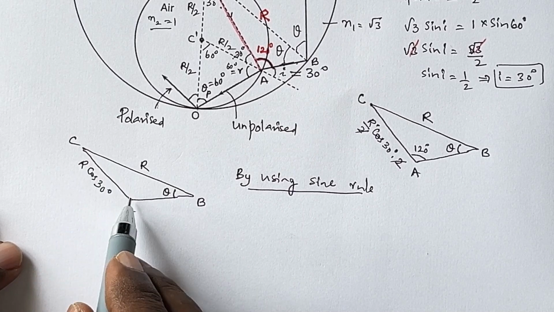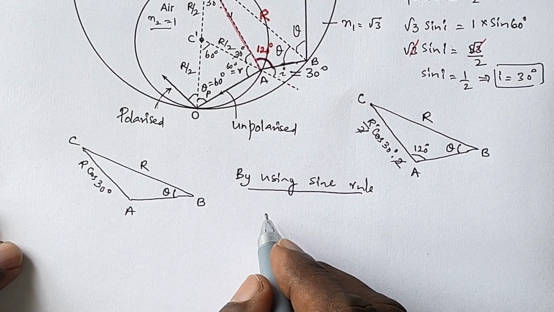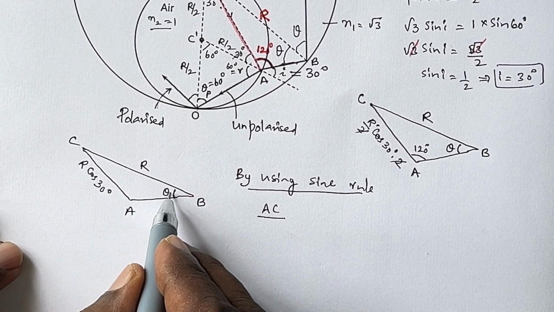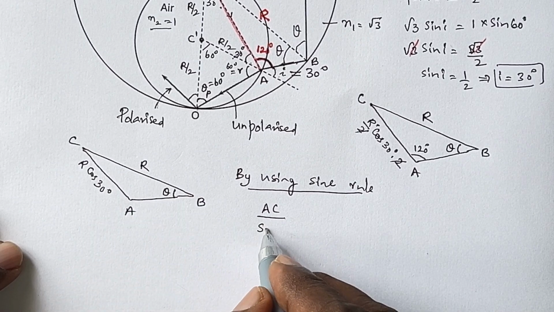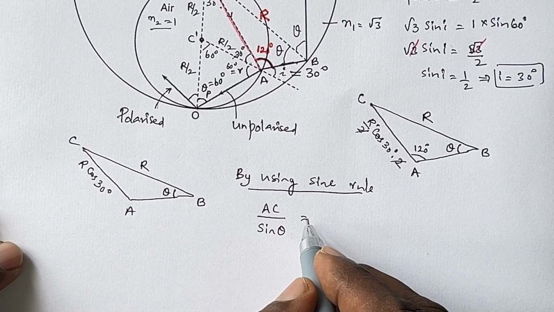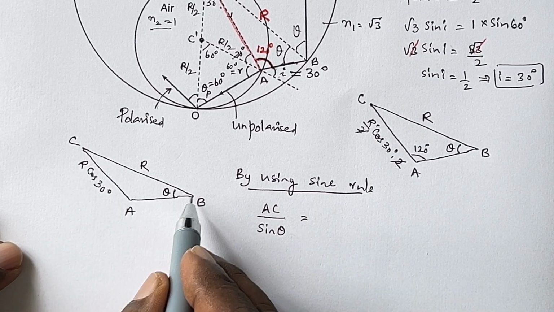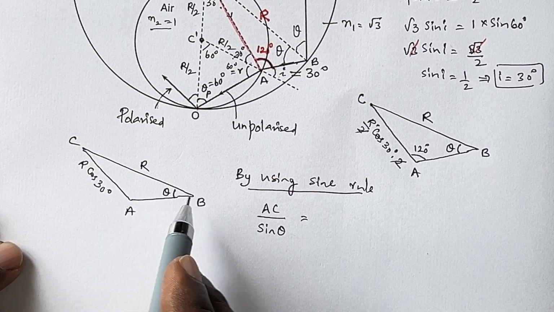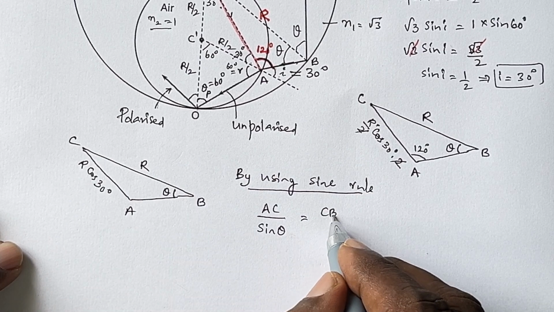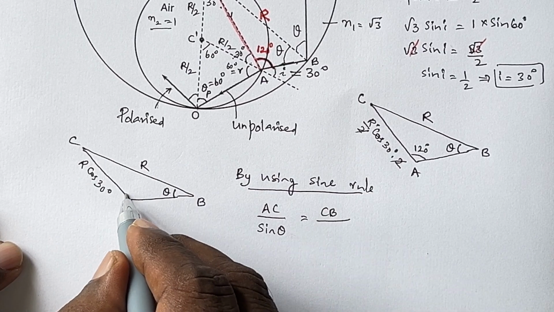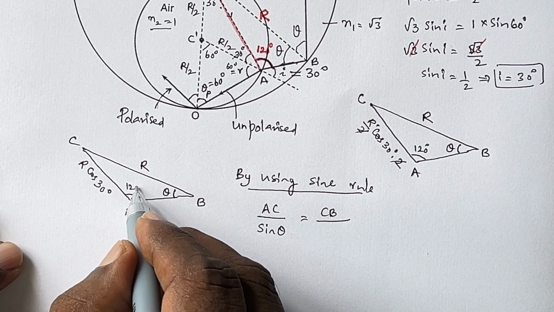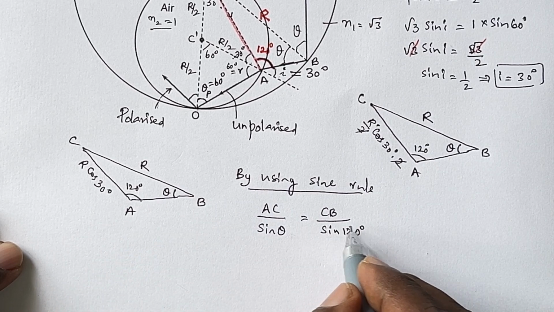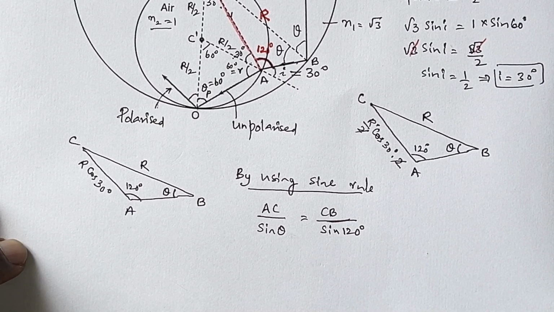See, AC by the sine of the opposite angle is equal to CB or BC by sine of this angle, which is 120 degrees. So I used the sine rule.